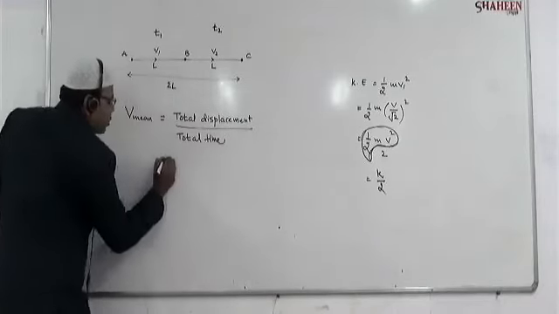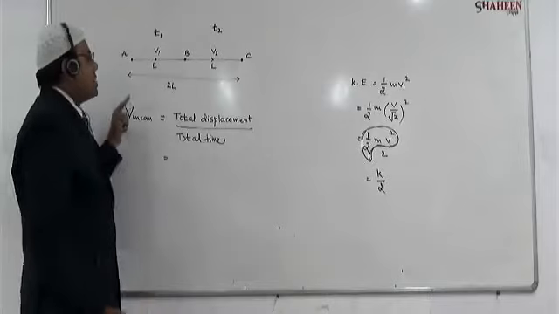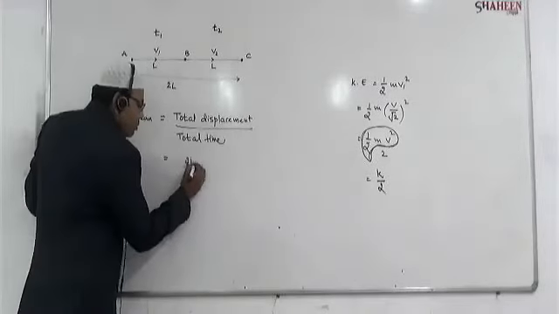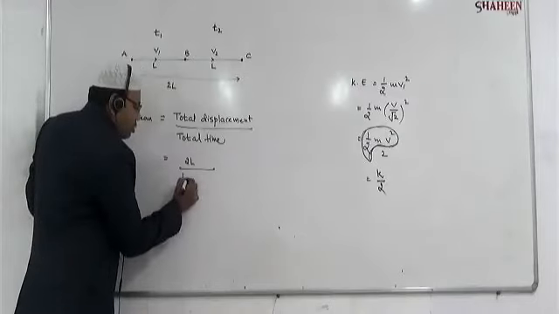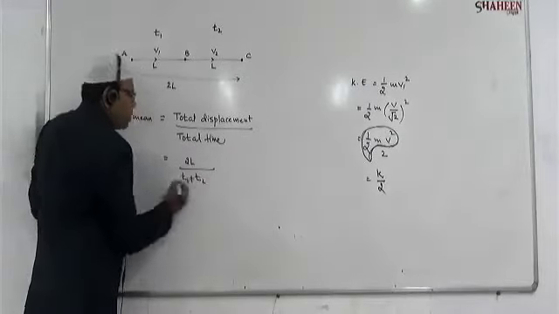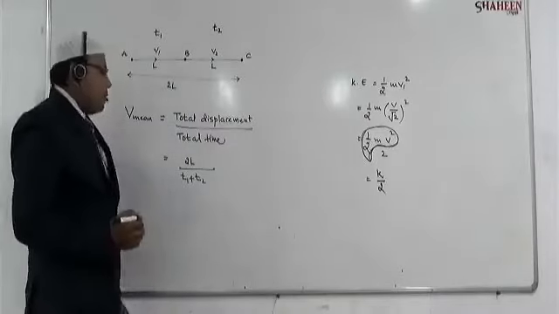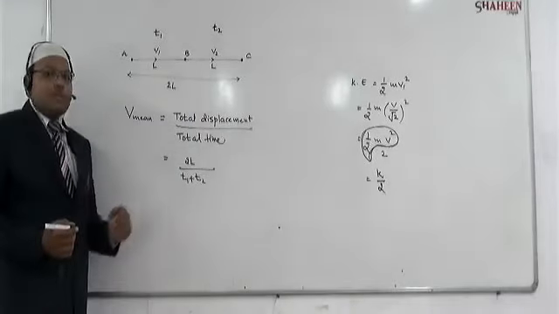Now, what is the total displacement from here to here? That is 2l by total time. Total time is t1 plus t2. See, from here to here is t1, then from here to here is t2. So let us calculate what is t1 and what is t2, then we substitute here.